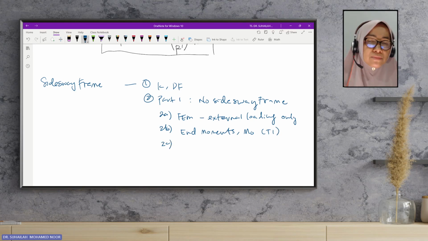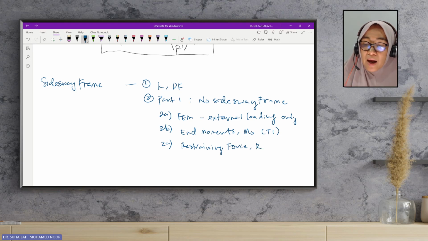And 2C is the restraining force, restraining force R. So this is part 1, no sidesway frame. Okay, so we move to the next step.